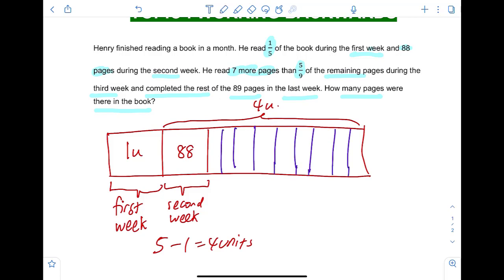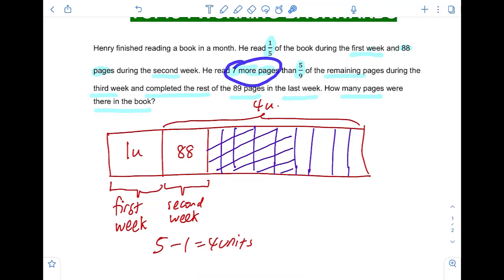And out of these 9 parts, he read 7 more than 5/9, which means this section here plus another 7 was read in the third week. 1, 2, 3, 4, 5, 6, 7, 8, 9. So 5/9 of the remaining plus another 7 was read in the third week.